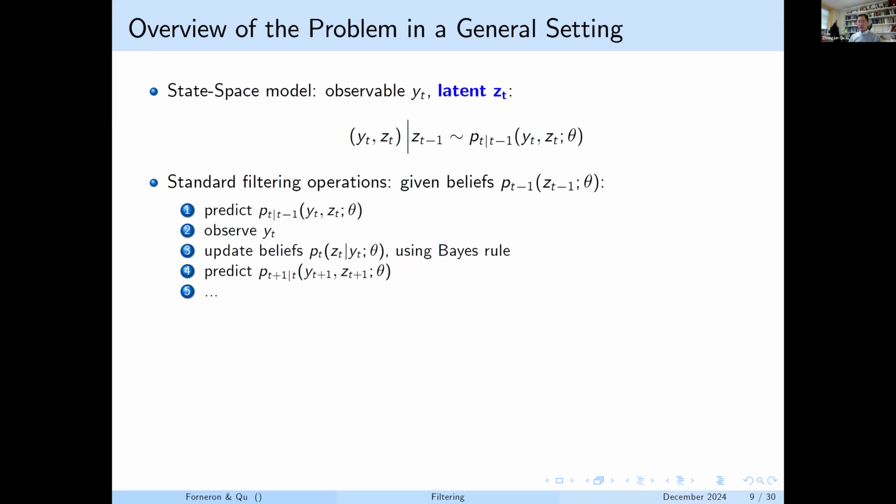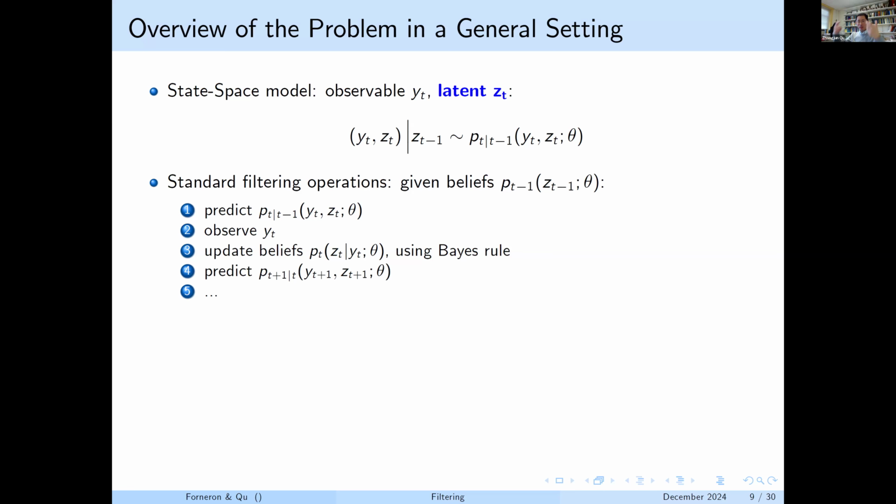Here, we have some initial belief about the latent state vector z_{t-1}. In particular, t can be the initial period, so that we have an initial belief about things at time 0. In the next period, the model will generate a prediction for y_t and z_t.